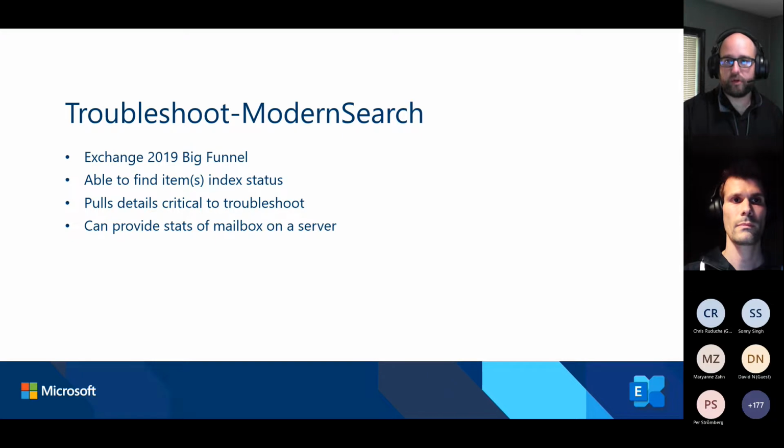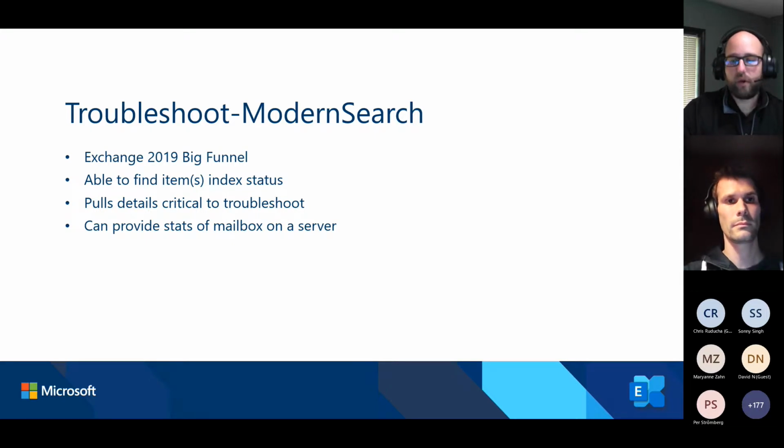So we're able to determine, if you're not able to find certain items, whether or not it's indexed directly there. And that's extremely useful because a lot of times you just don't know if the reason why you're not finding an item is because of your search query or because of the item just not being indexed. By having this ability to pull that out really quickly, it will tell you right away if the issue is potentially with your query or the item just not being indexed.